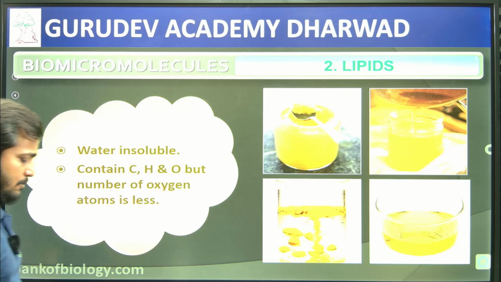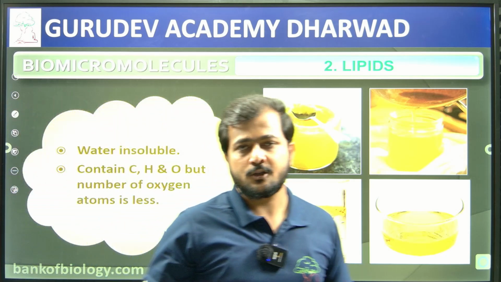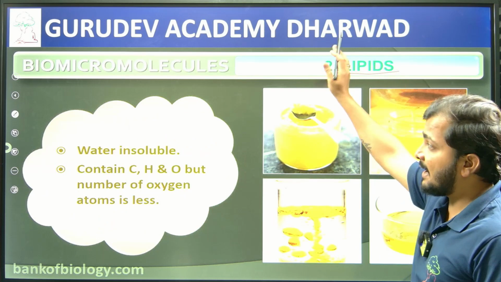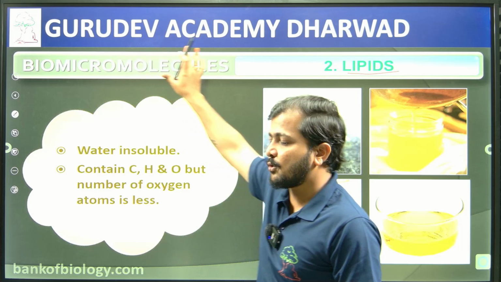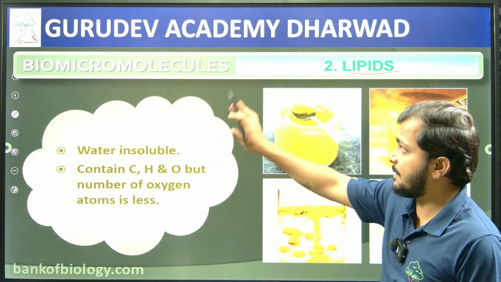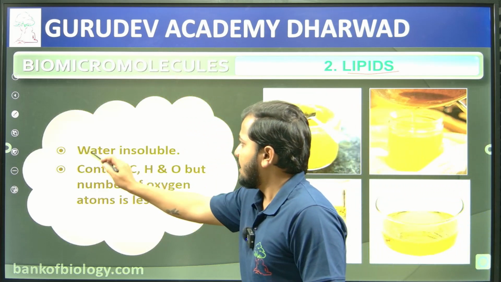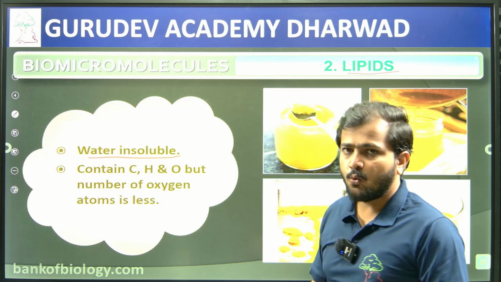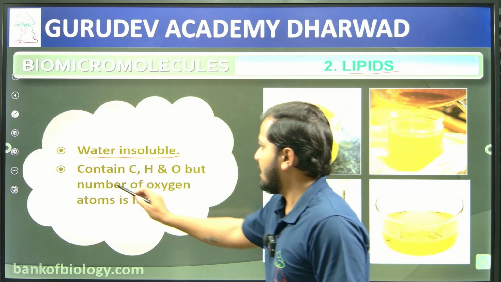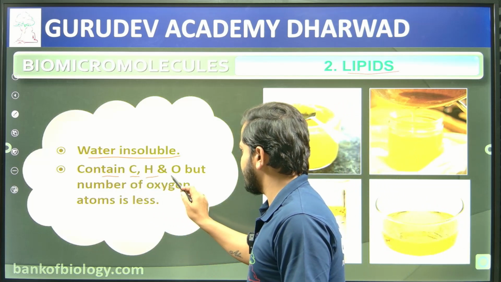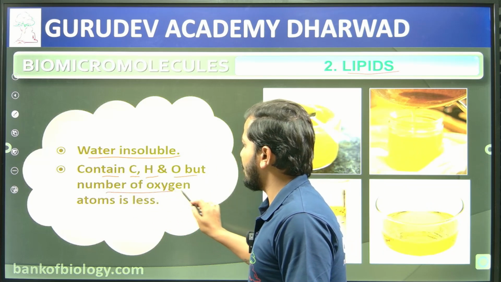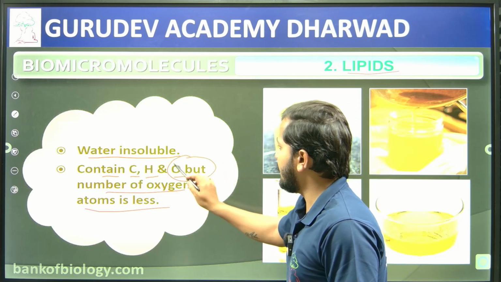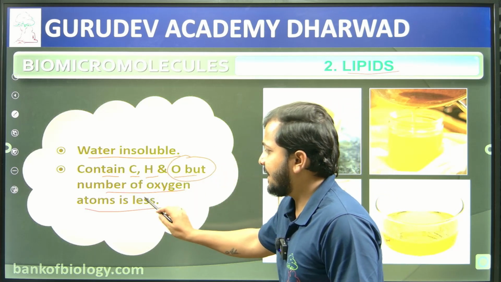Then, what we have discussed with respect to amino acids, the next is lipids. Still we are with respect to the biomicromolecules. You should remember it is a micromolecule, right? Now lipids are water insoluble, they won't get dissolved in water, and contain majorly carbon, hydrogen, and oxygen, but the number of oxygen atoms is less.